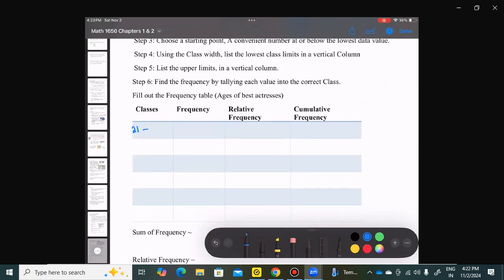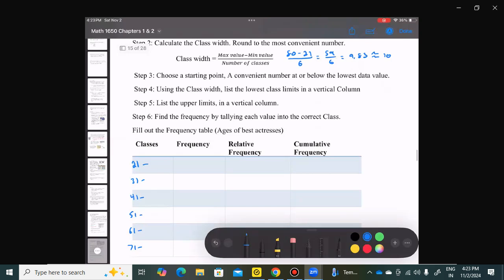So width is 10, so 31, 41, 51, 61, 71. And then we get the upper limits by going one below the next lowest limit. So 21 to 30, 31 to 40, 41 to 50, 60, 70, and 80. And all those limits should also be a difference of 10.